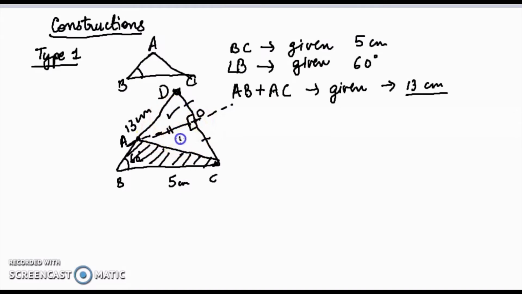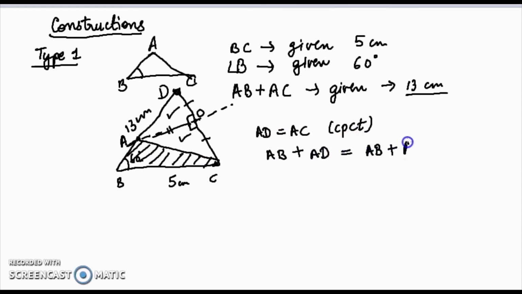So I can say that these two triangles, AOD and AOC, are congruent to each other. If they are congruent, it means that AD and AC are equal. AD is equal to AC by CPCT, because we have already proved these two triangles are congruent. So AB plus AD is equal to AB plus AC.